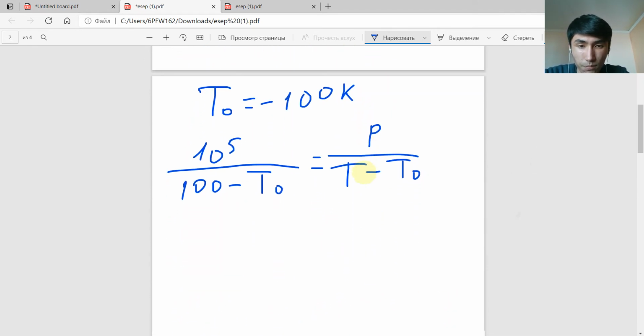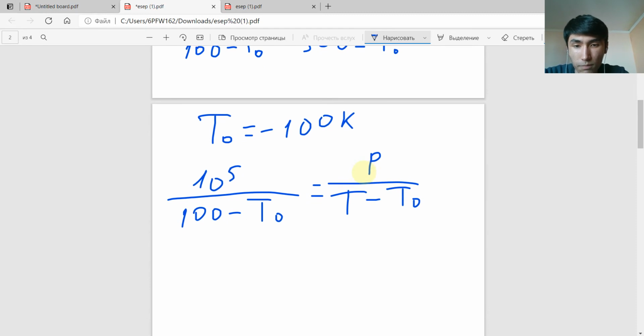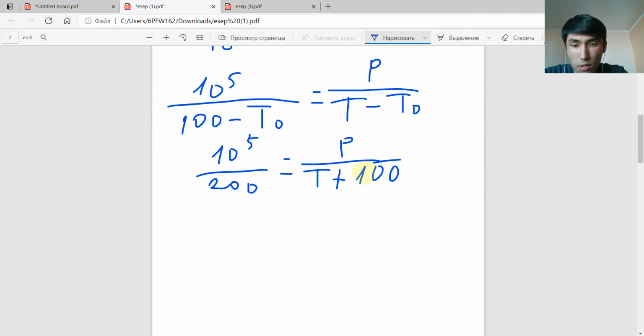And then T0 is equal to minus 100 Kelvin, and here will be 200 equal to P divided by T minus T0, which is T plus 100, right? So here we can find the pressure easily.